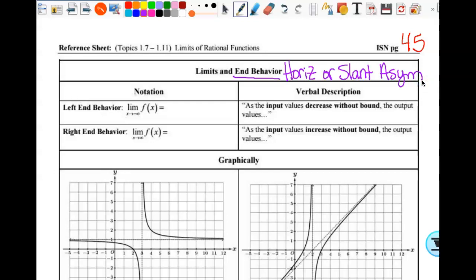So if we're talking about rationals and their end behavior, horizontal or slant asymptote, and way out at the ends, which is at the infinities. So left end behavior is when x approaches negative infinity. Right end behavior is when x approaches infinity, because we're talking at the ends. We don't care about what's going on in the middle right now, right?